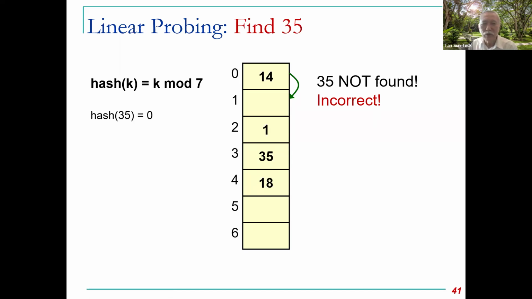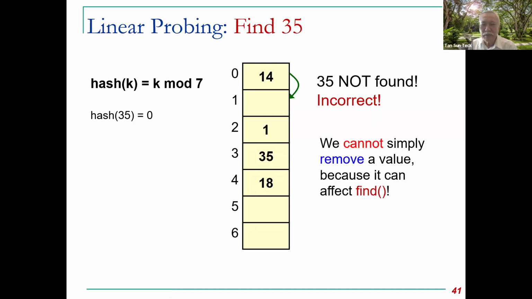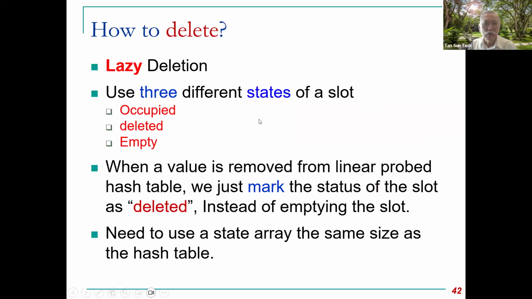Okay, so we do something called lazy deletion. In computer science, if you are lazy, you have to do more work. What does it mean? We cannot simply remove the value because it can affect the find. So what we have to do is create another table, called the state table, for the locations of the table.